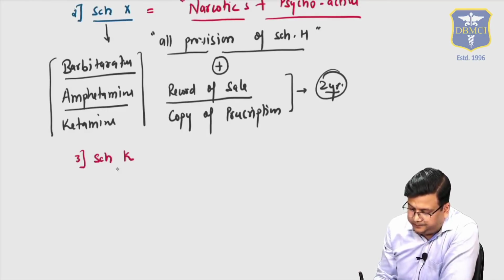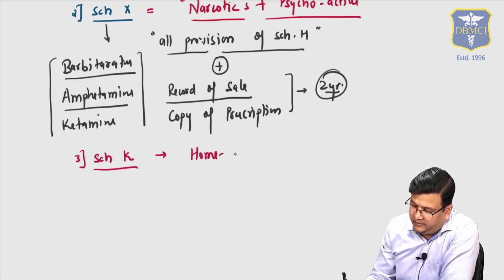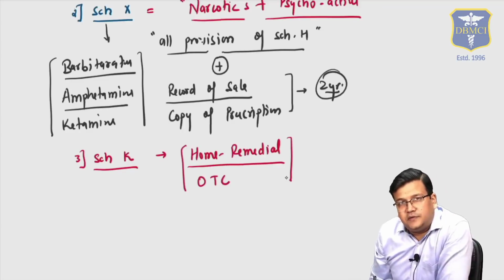One more schedule that you should know is Schedule K. Schedule K includes all the home remedial measures, household remedies, or what we call over the counter, which can be sold without prescription.